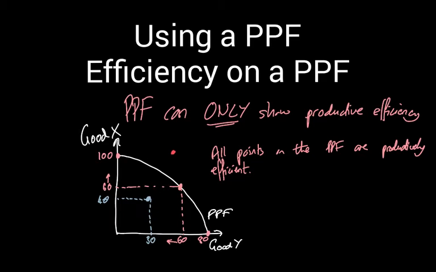No, it's clearly not, because with the resources that we have, we could produce more of good X if we wanted to. We could produce all the way up here.